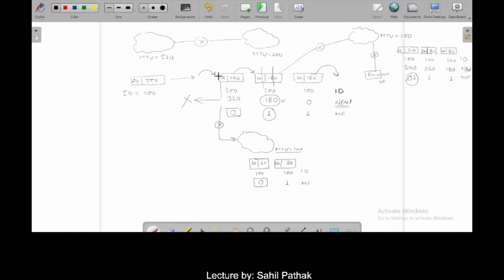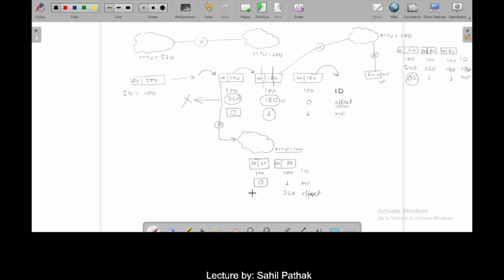Similarly, you can see when this last fragment, if it is further refragmented over here, you can see now the first fragment will get the same value offset, which is the parent, and that is 360, and the value of offset for this fragment would be 360 plus 80.